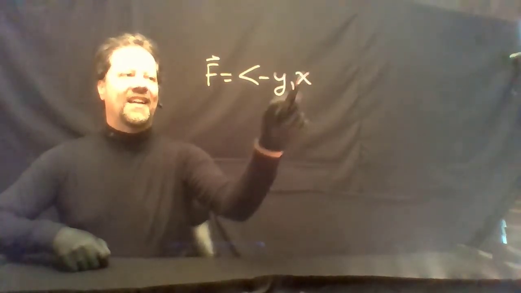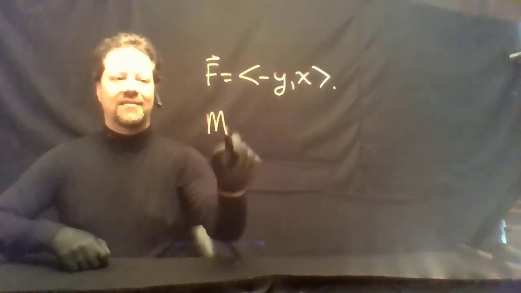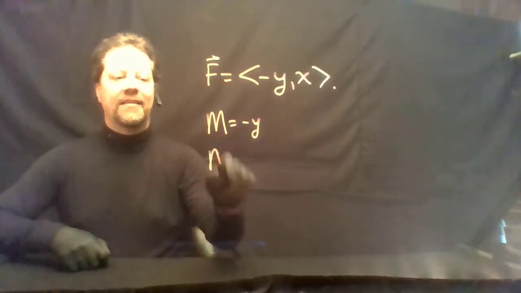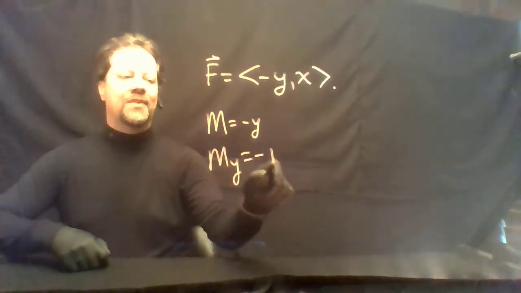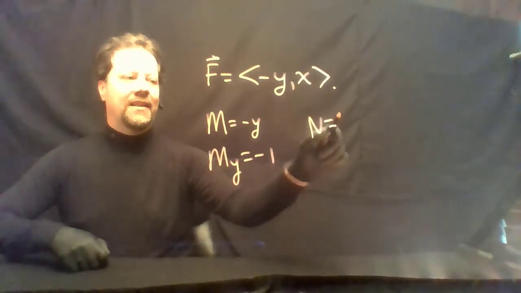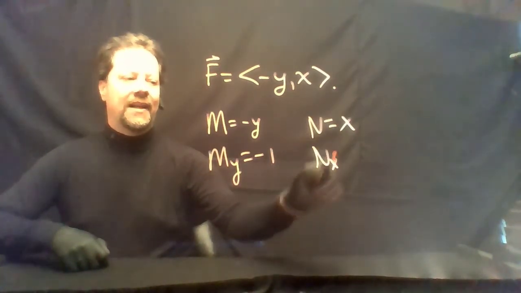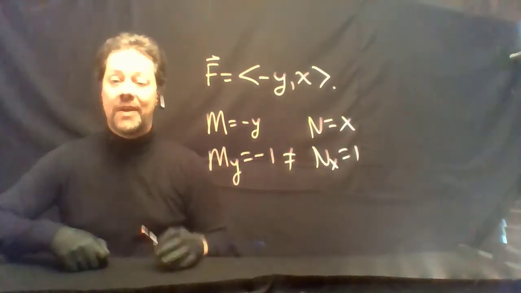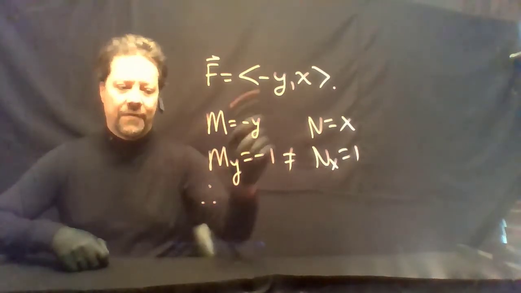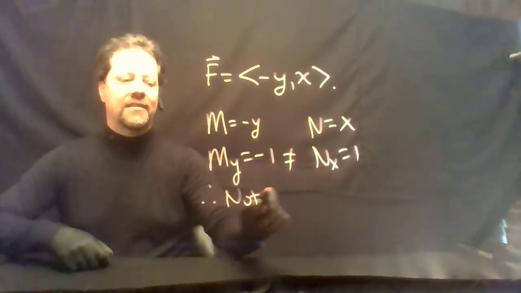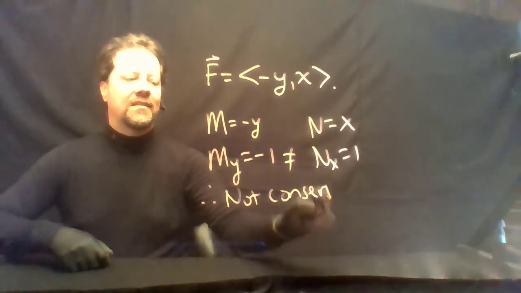For the vector field minus y, x, m is minus y, so m_y is minus 1. n is x, so n_x is 1, and we do not get equality. Therefore, this vector field is not conservative.